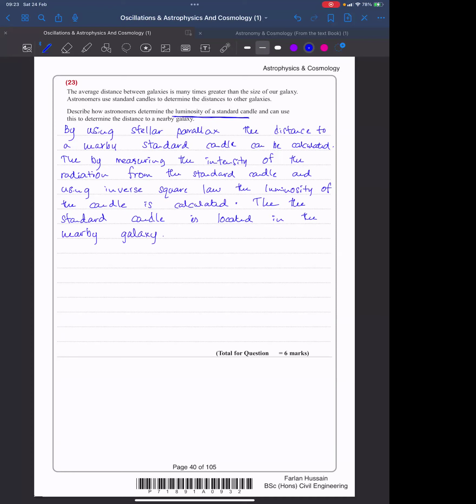Since its luminosity is known now, the distance to it can be calculated using the inverse square law.